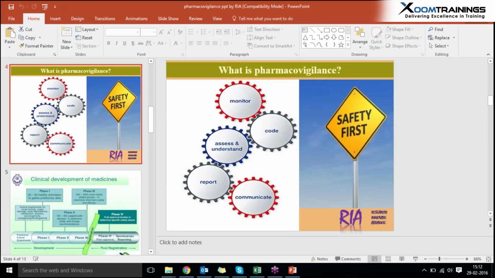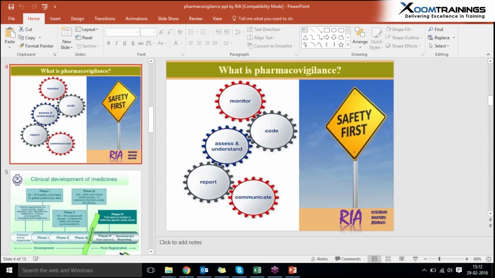Okay, so what exactly is the pharmacovigilance department going to do? They will monitor the drugs and pharmaceutical products. They will observe those pharmaceutical products and drugs. If they find adverse events or medical conditions occurring, the situations will be coded into a particular code format, and they will analyze it.